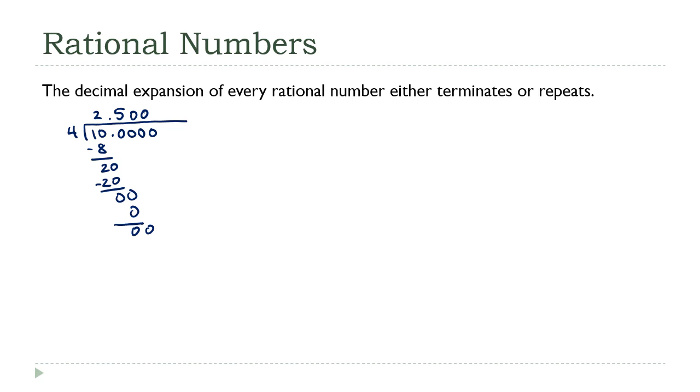What about the repeating situation? In other words, what happens if it doesn't terminate? Well, let's look at another example here. Let's do 7 divided into 4, and I might need to do quite a few steps before we get to where we need to be. So we'll do 5, 35, and subtract, bring down the 0.